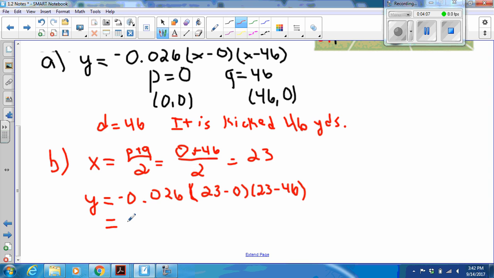So we have negative 0.026 times 23 minus 0, which gives us just 23, and 23 minus 46, which gives us negative 23. Go ahead and plug this into your calculator, and what you should get is about 13.8 yards. And that will be your answer.